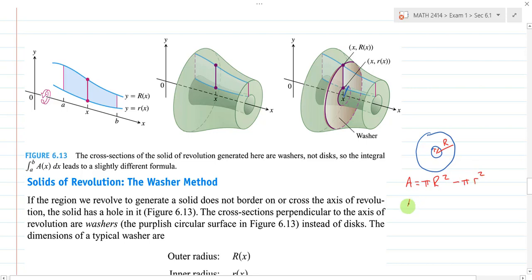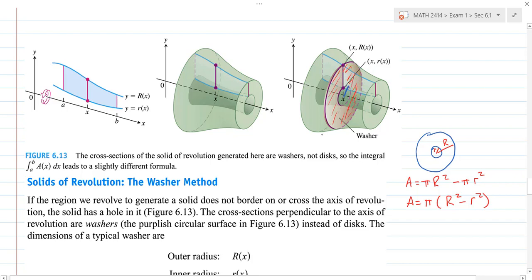Well, I have a common factor of pi that I can factor out, and that just means we're going to be looking at the outer radius squared minus the inner radius squared to get the area of this cross-sectional shape right here.